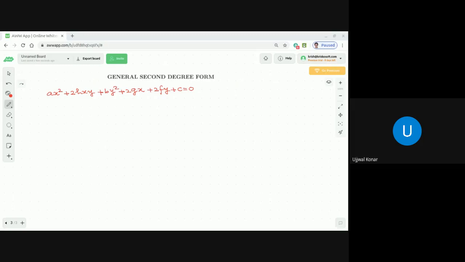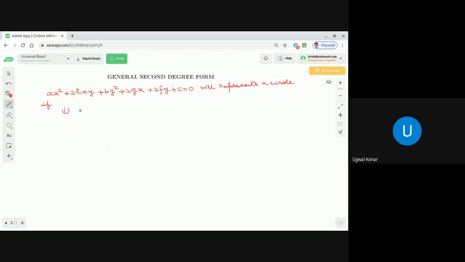The general equation of second degree, ax square plus 2hxy plus by square plus 2gx plus 2fy plus c equal to 0, where a, b, c, f, g, h all belong to the set of real numbers, will represent a circle if three conditions hold true.